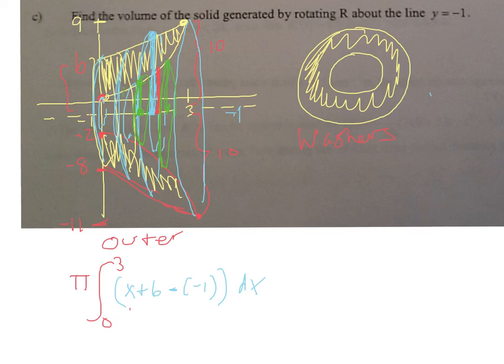Okay, so this is the hollow part. All right, so I have to subtract off that area because it's empty. Okay, so to go from the parabola minus the line y equals -1 dx.